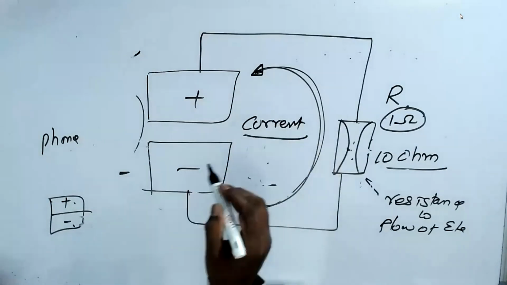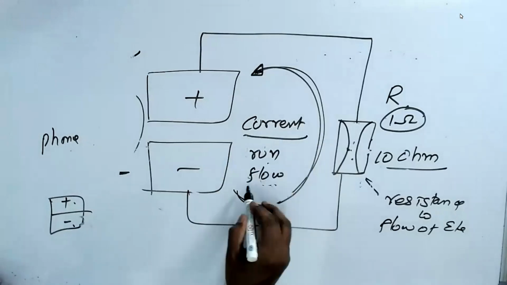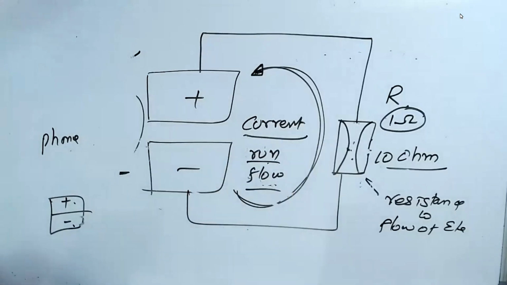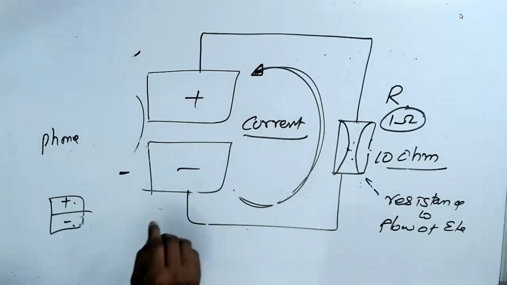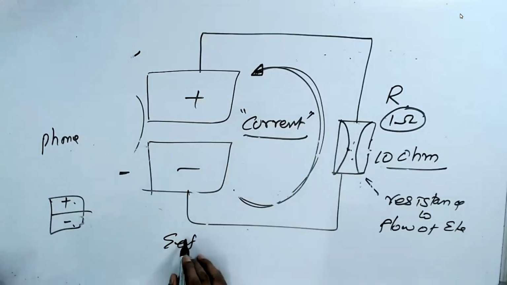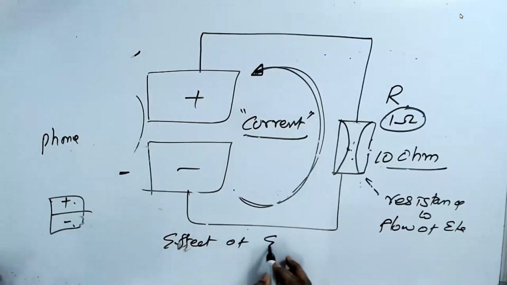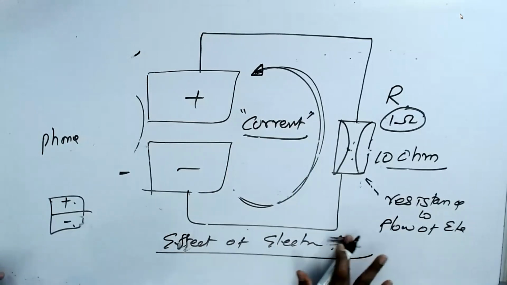There's a big difference between current and run and flow. We don't call it flow, we don't call it run, we call it current. Why current? The thing is that electrons are actually moving very, very slowly. Current is the effect of electron flow or electron movement.